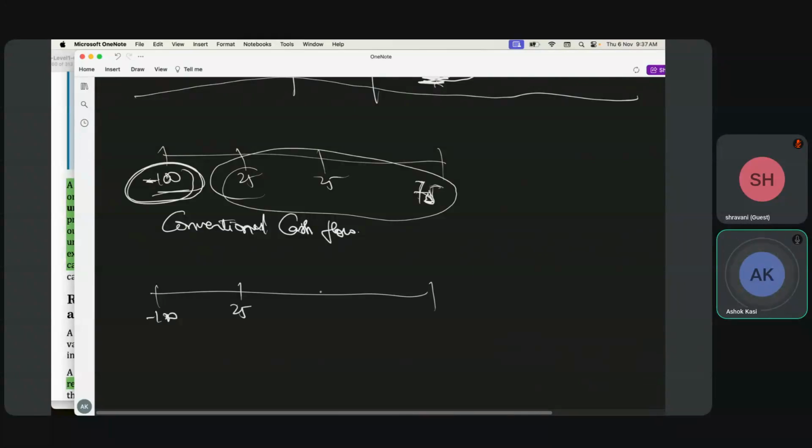So let's say this is 25, then here it is minus 50. Any number doesn't matter. Let's say minus 50 here and then plus 35. So when the signs are changing again and again, it is called unconventional cash flows.